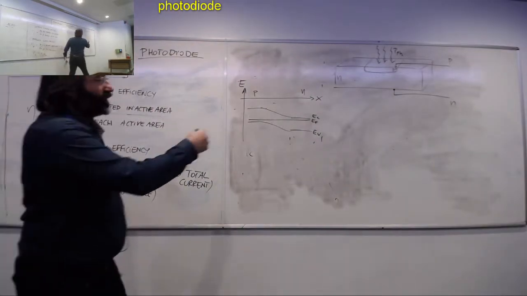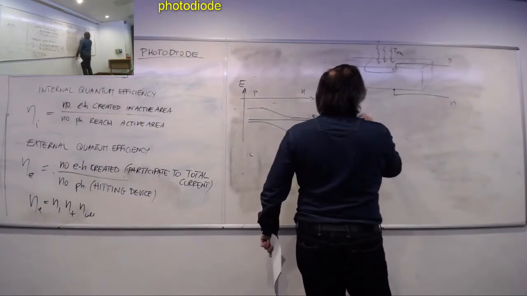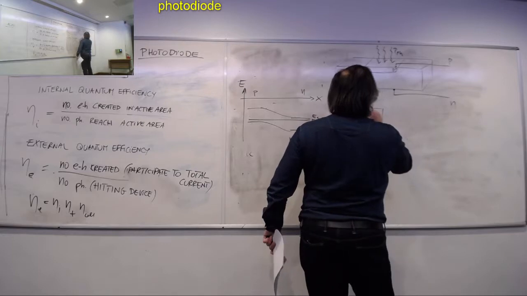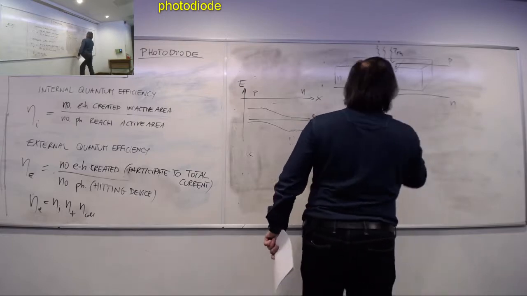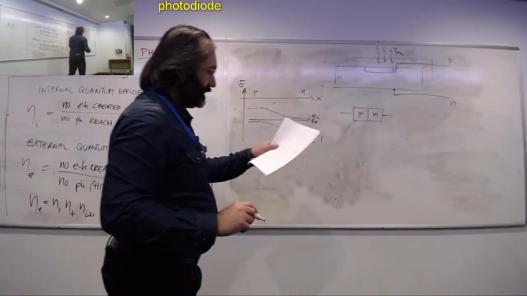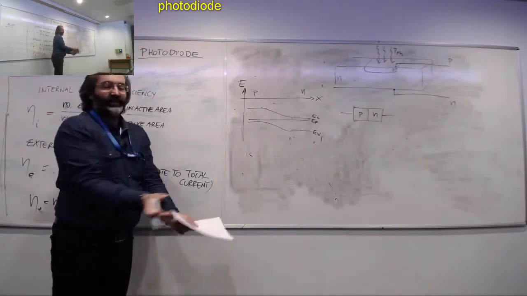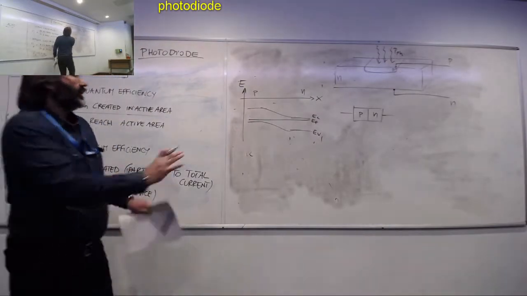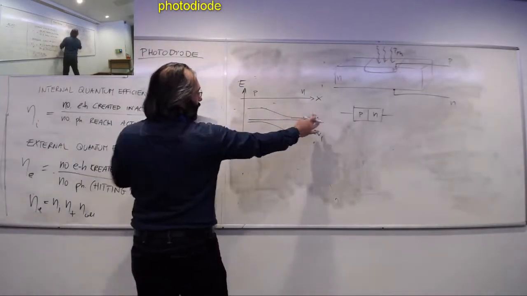And correspondingly, let me draw here the device like that. This is P, this is N. And imagine the device is in thermodynamic equilibrium. So, as you can see, there is no voltage applied across.